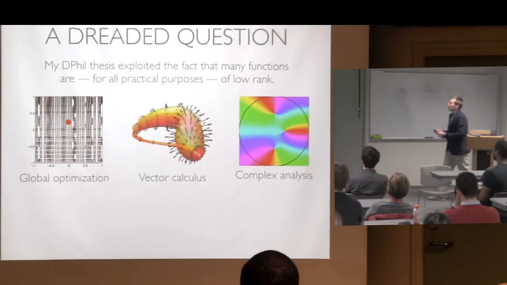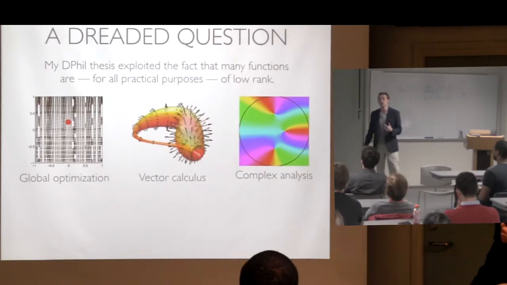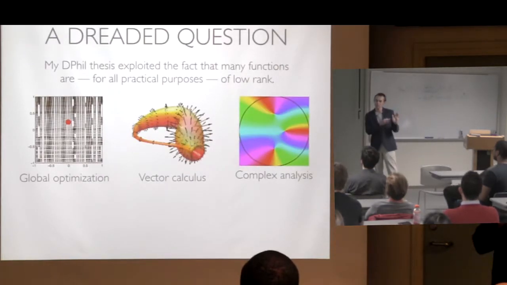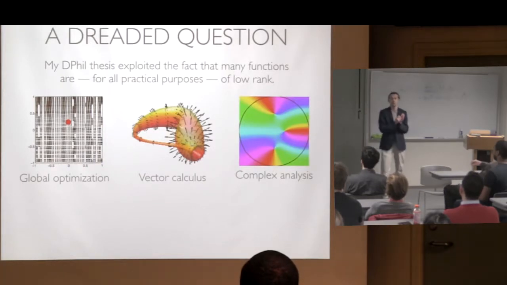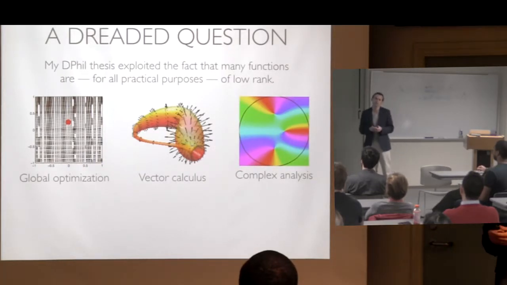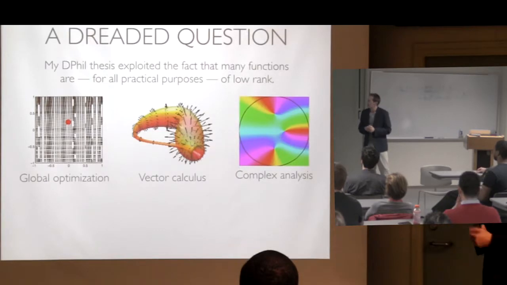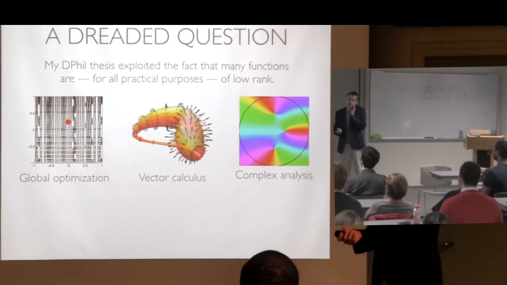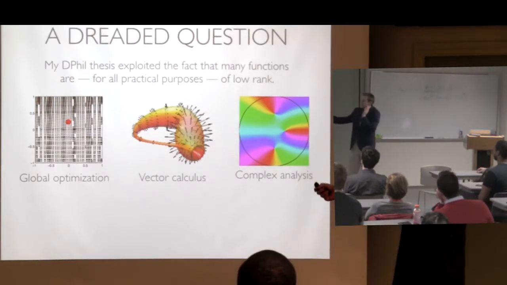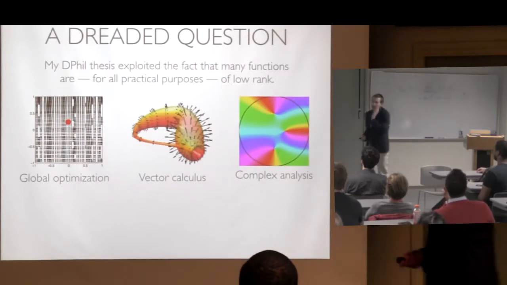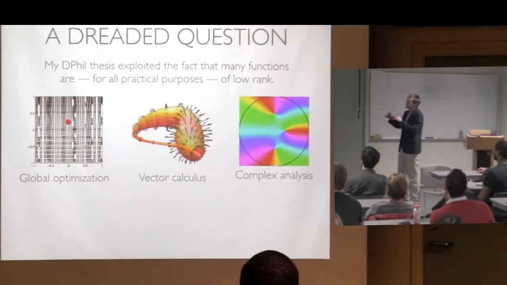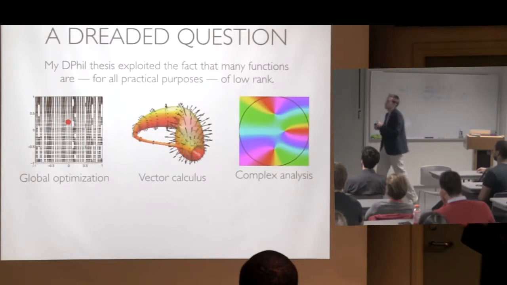Okay. I should say this is a really personal question because throughout my PhD work, I was exploiting low rank. In that case, in functions, which is very similar to in matrices. And I did loads of things with low rank functions. I did global optimization. Here is a very complicated oscillatory function that has lots of local minima and maxima.